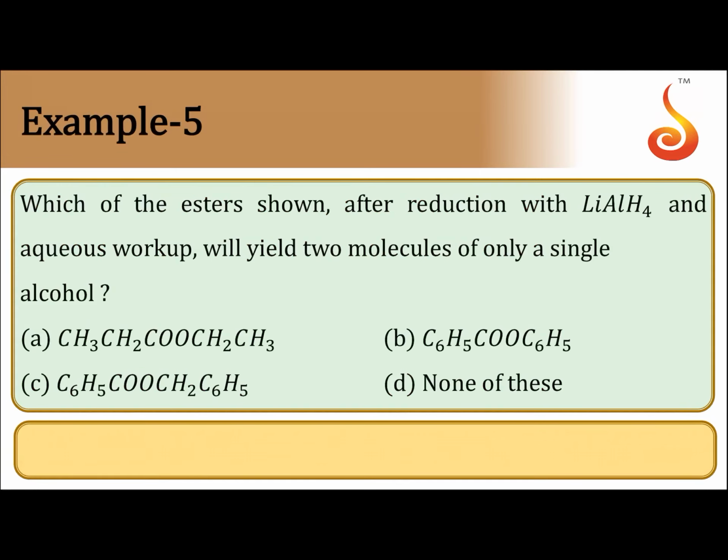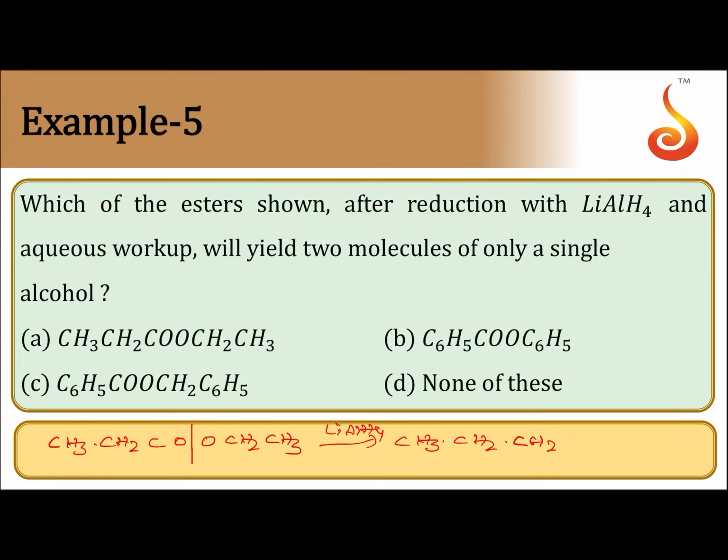Let us start with the first option. What is the first option? CH3CH2COOCH2CH3. When this compound is treated with lithium aluminum hydride, what will I get? Split this bond. What will I get?